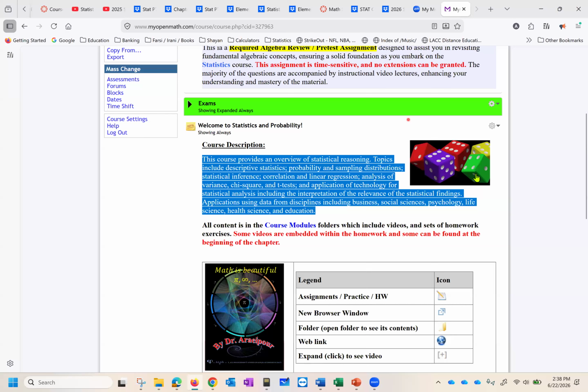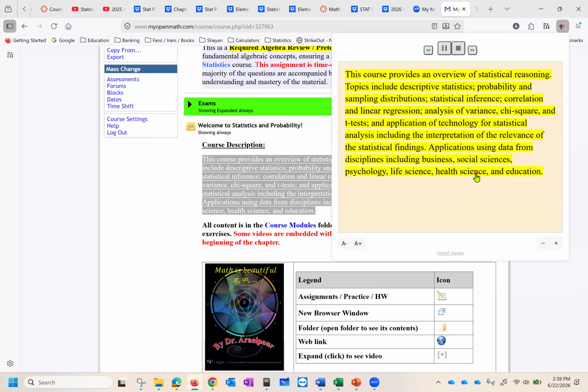This course provides an overview of statistical reasoning. Topics include descriptive statistics, probability and sampling distributions, statistical inference, correlation and linear regression, analysis of variance, chi-square, and t-tests, and application of technology for statistical analysis including the interpretation of the relevance of the statistical findings.